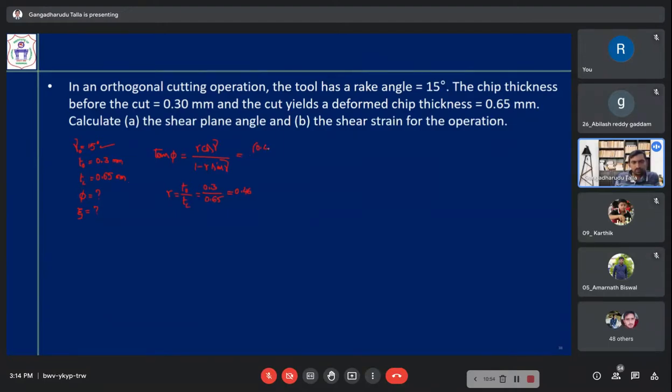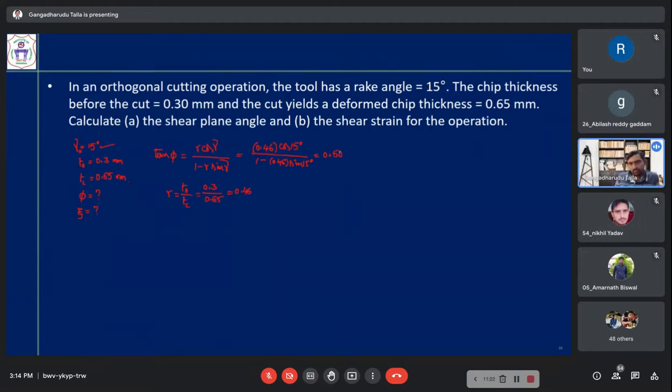So it is 0.46 into cos 15 degrees, divided by 1 minus 0.46 into sine 15 degrees. Now find out this value. This is tan phi, remember. Tan phi is equal to 0.505.